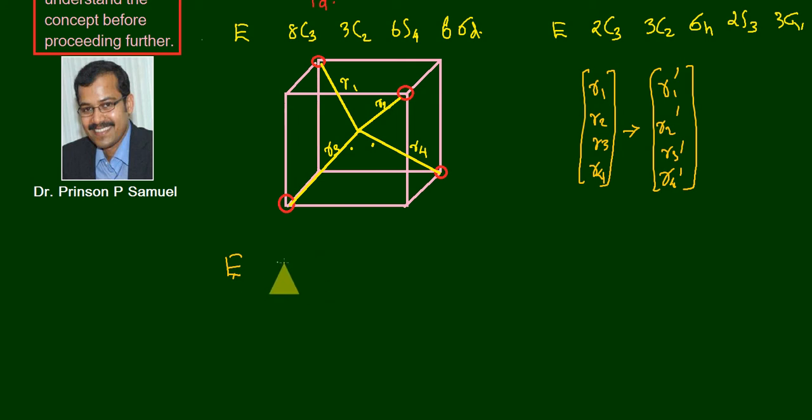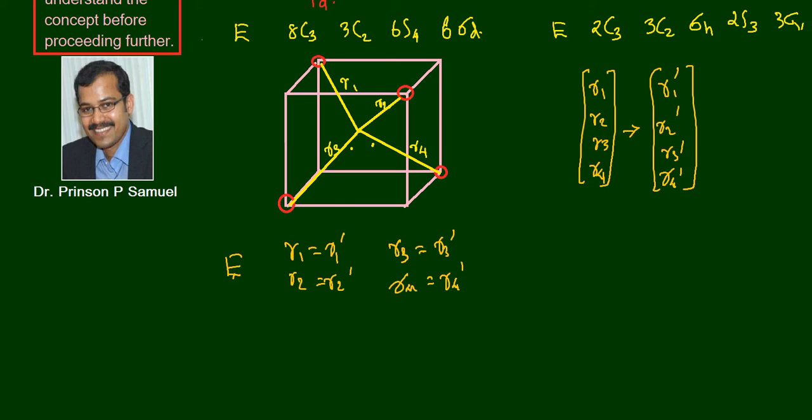We can see that during E nothing happens. Therefore, we can say that R1 is equal to R1 prime, R2 is equal to R2 prime, R3 is equal to R3 prime, and R4 is equal to R4 prime. It means that nothing happens during the E operation.